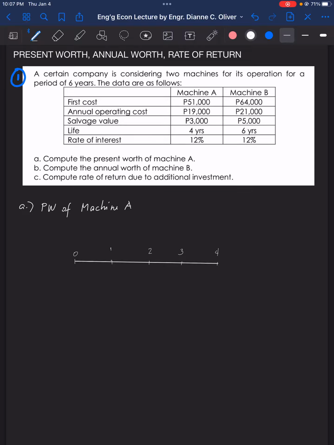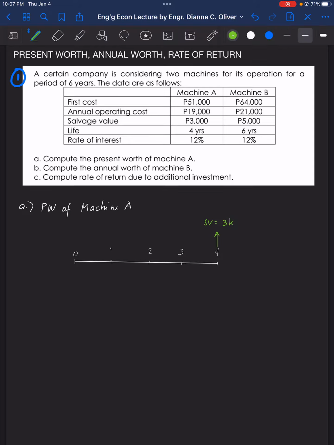We have the salvage value as 3,000 pesos. So this is our 3K salvage value. And we have the first cost of 51,000 pesos.